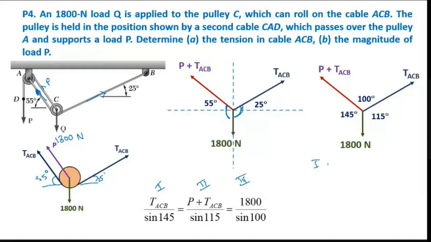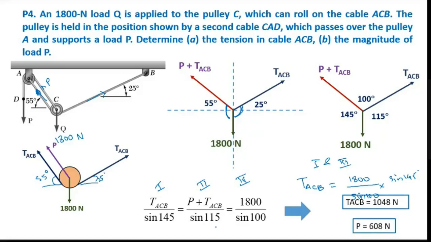First equate 1 and 3 to identify TACB. Your TACB will be equal to 1800 divided by sine 100, into sine 145. Once you get this value, substitute it, and then equate 2 and 3. When you do that, you will get TACB as 1048 Newton and P as 608 Newton.